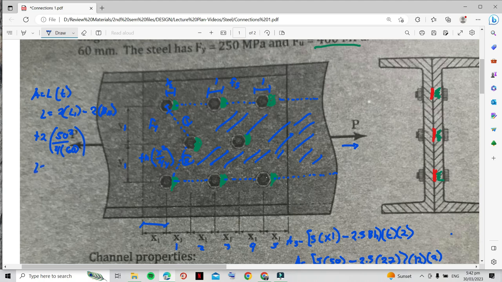We have the length is equal to 86.333 mm. So substituting here in the area formula, you have length 86.33 times the thickness of 12. Yes, 12. So you have area equal to 1042 mm squared.